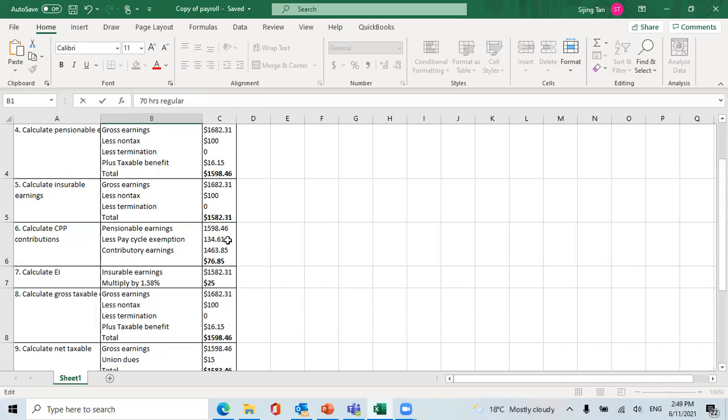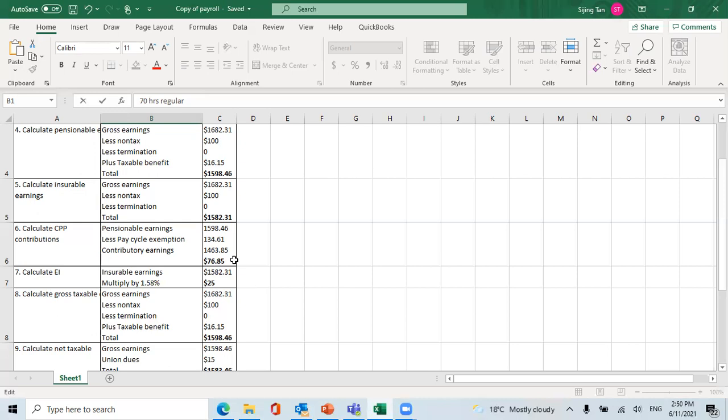You're allowed to take it with you into your exam. Okay, so you come up with your contributory earnings, and then you times 5.25%. It's the CPP rate for BC. The difference is only between Quebec and outside Quebec. So this is outside Quebec, 5.25%.